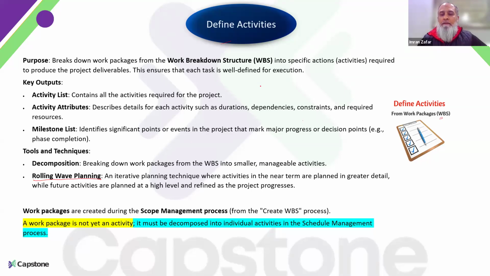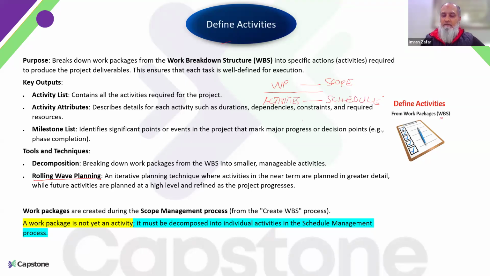And again, what we need to remember is that breaking down the work breakdown structure till work package level is part of scope management, and breaking it further down till activities comes into schedule management.